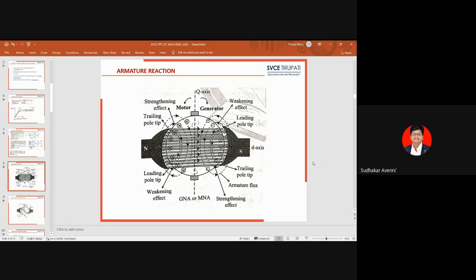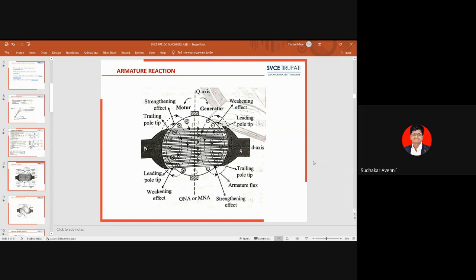The geometrically neutral axis is perpendicular to the poles. When GNA and MNA coincide, there is no load. When load current increases, armature flux increases.